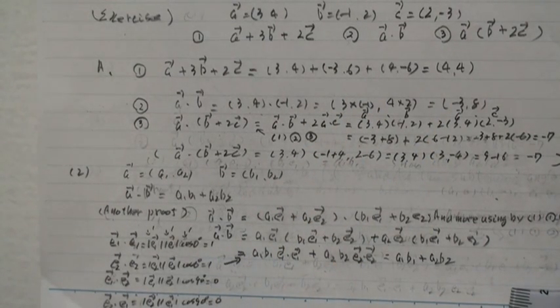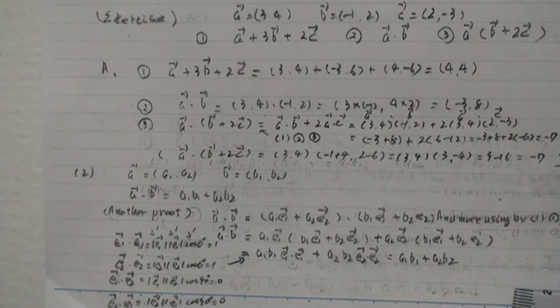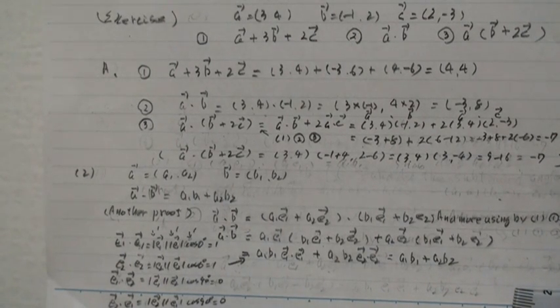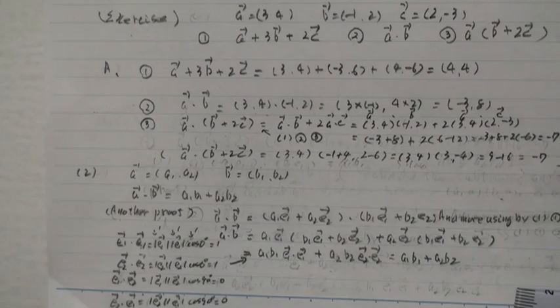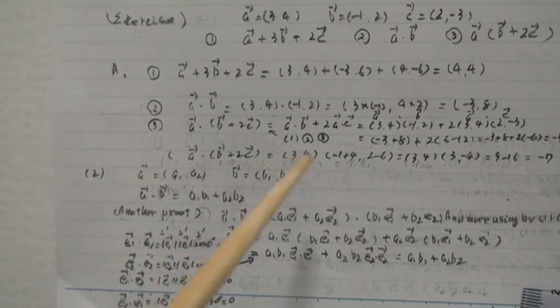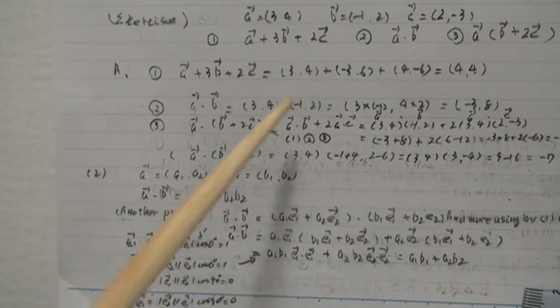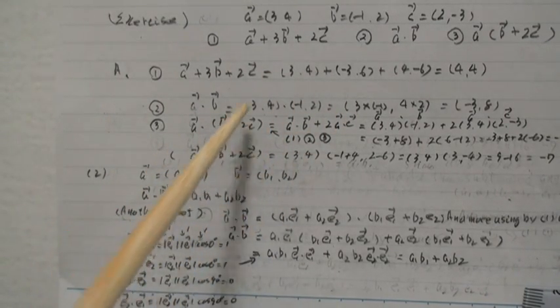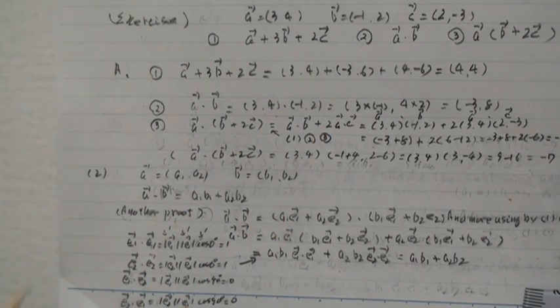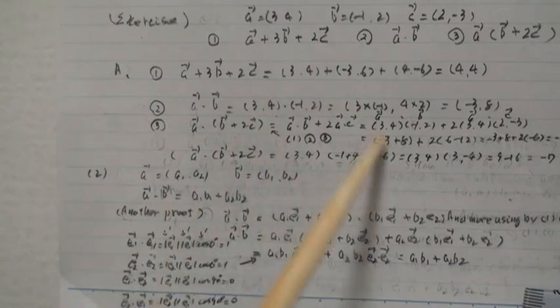And step 3: A·(B plus 2C) equals, by parenthesis 1, 2, 3, then A·B plus A·2C equals 2A·C.